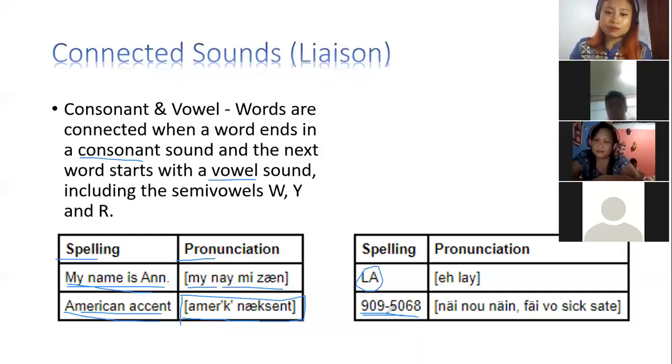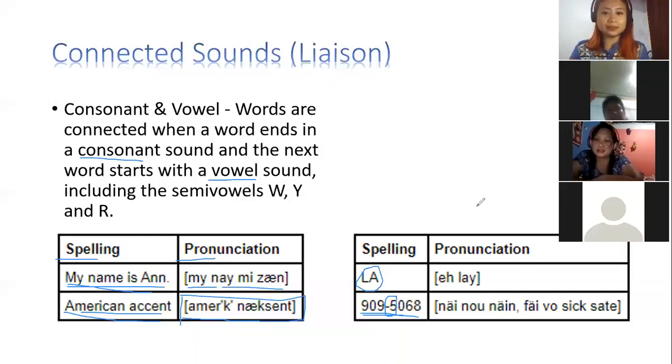So five: the sound stops with the V, not the silent E. The E doesn't have a sound, it only has the V sound. So five, and then we have O: 50, 5068.